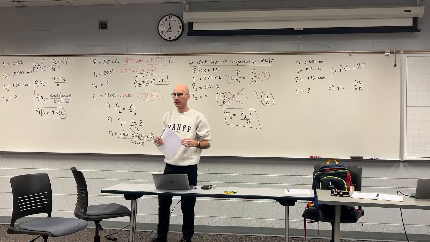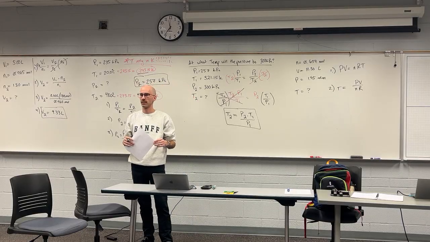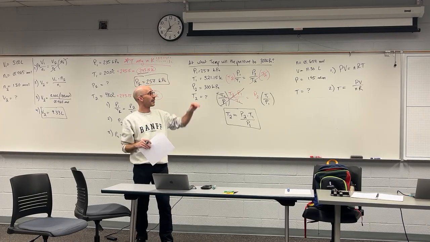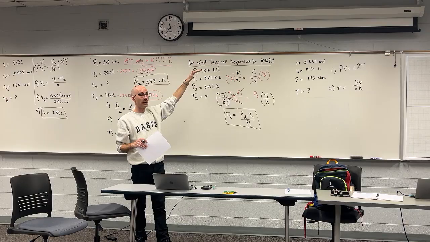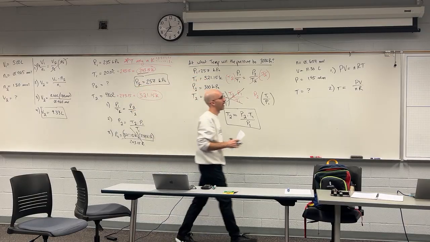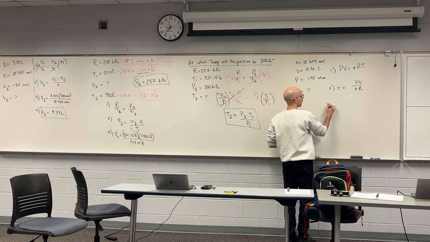Which R value do I want to use? I'm deciding that on the units. I want units of atmosphere to cancel. I want units of liters to cancel. I want units of moles to cancel.